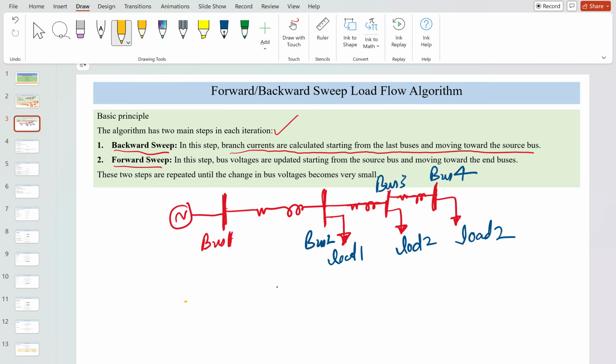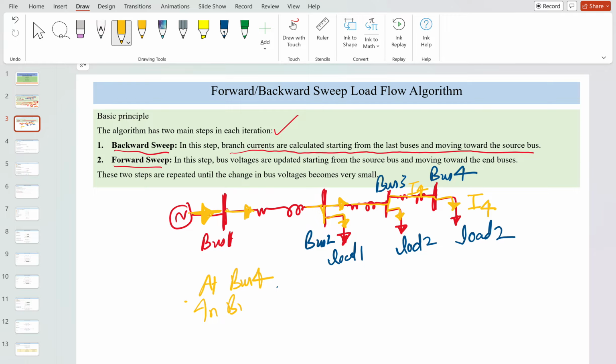Let's take the current flowing from the source. It moves into this line, then moves forward, further, and then to the end. At bus 4, suppose this is the I4 current. Between bus 3 and bus 4, the current is basically only I4.